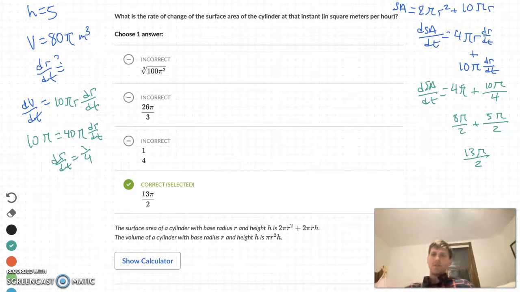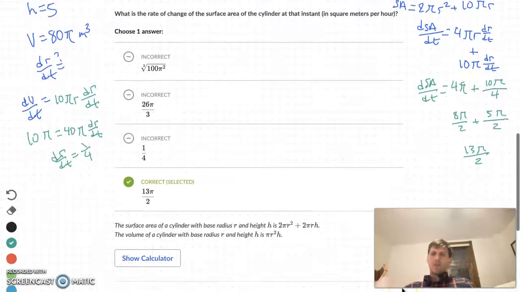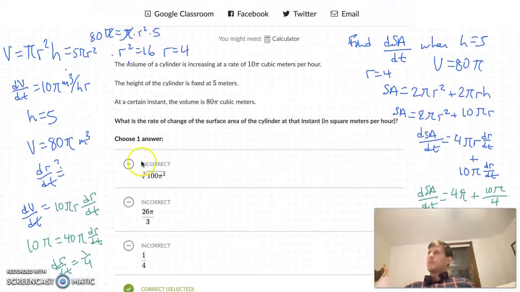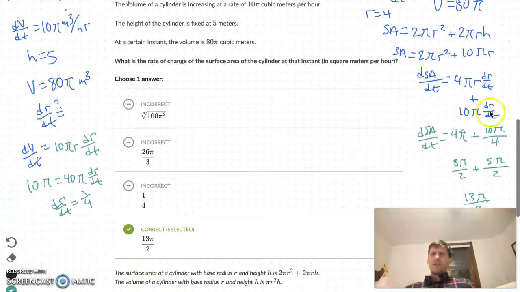Yes, it is. So let me just break down what I did. Essentially, we are noticing we often need to use two equations, basically just to find all the pieces of information that would allow me to evaluate what dSA/dt is.